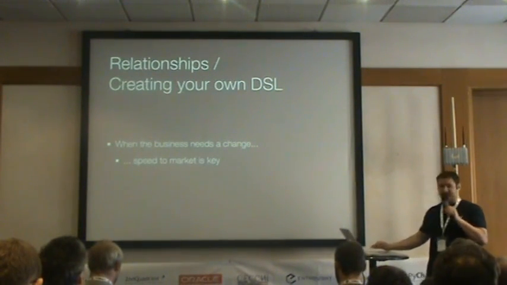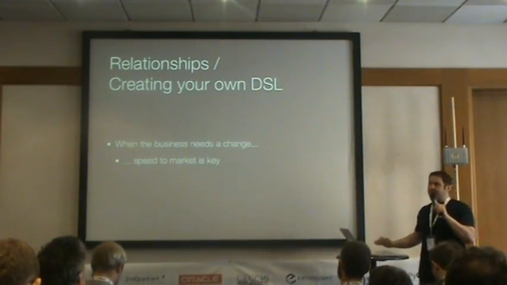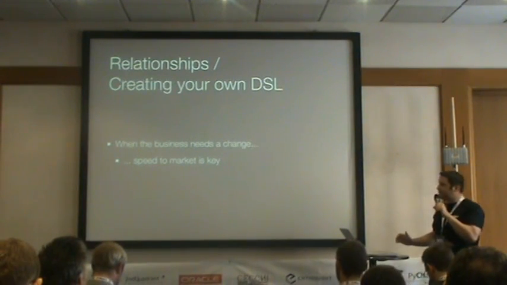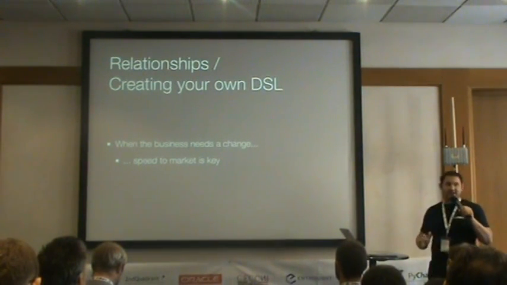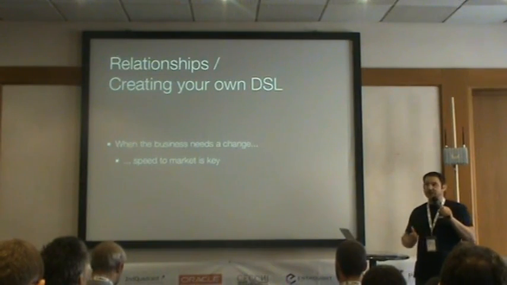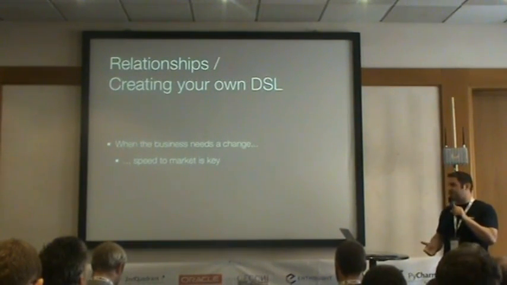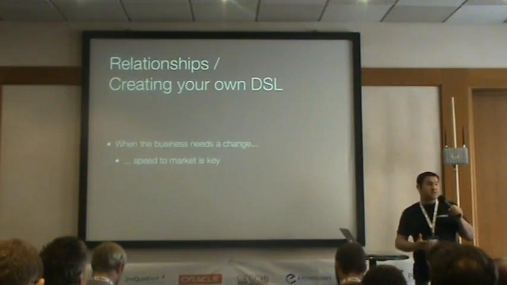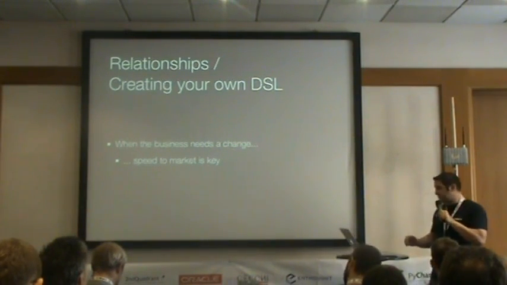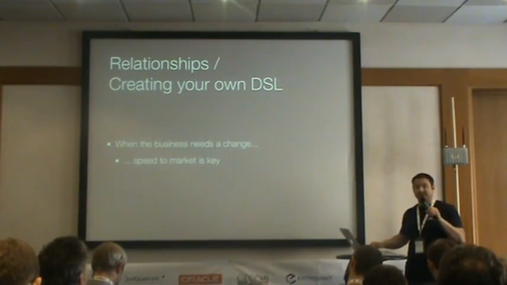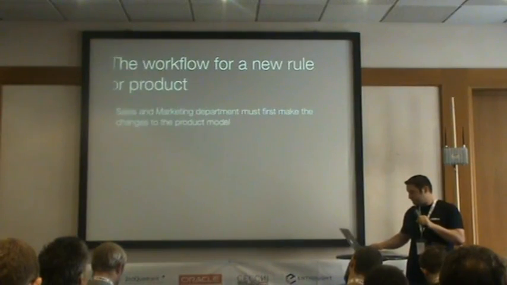So speed to market is key here. Basically, especially as Python developers, what we're really selling is speed to market. We can deliver things faster than developers in other languages typically can. So that's what we really want to be selling to our client, our ability to make deliverables fast.